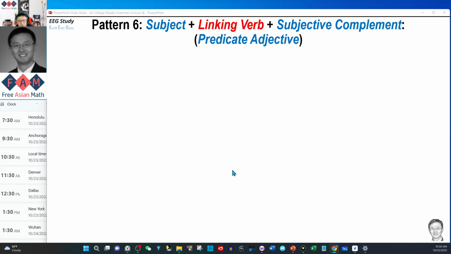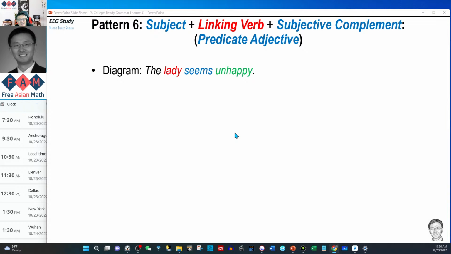So here we simply replace the be verb with a linking verb. And what is that? Well, let's take a look at this sentence. The lady seems unhappy.